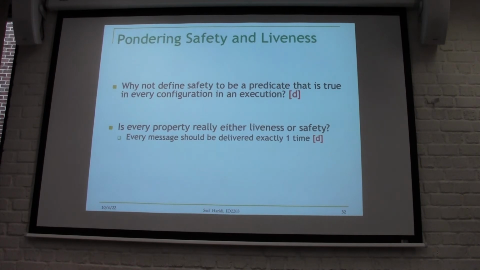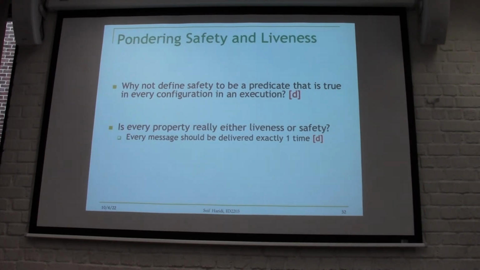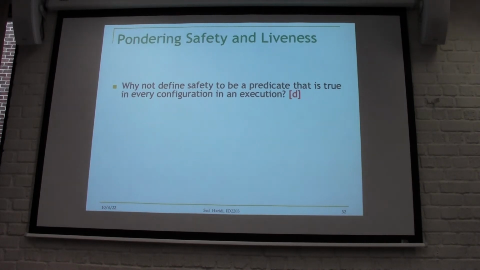Oh, okay. But you're on the right track actually. The way I formulated my question, I was slightly misleading you. So, every message should be delivered exactly once. How does that fit in our thing where you have both safety and liveness?